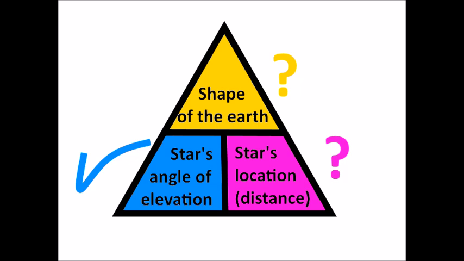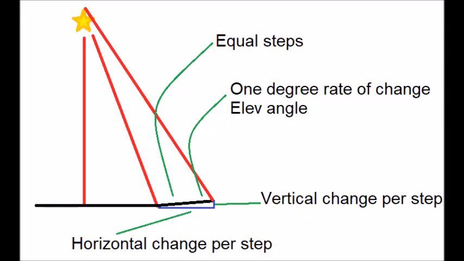But anyway, I'll show a method where we can test various altitudes for a star and see what elevation angles will be produced when we move 111 kilometers. So I started with this diagram and chose a star at an unknown altitude, and we move in equal steps.